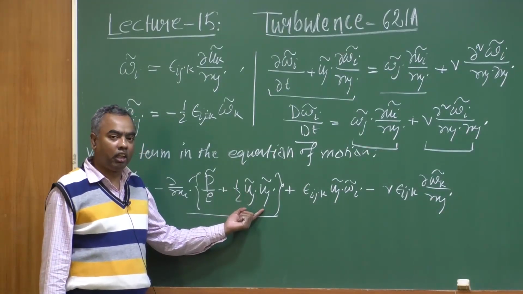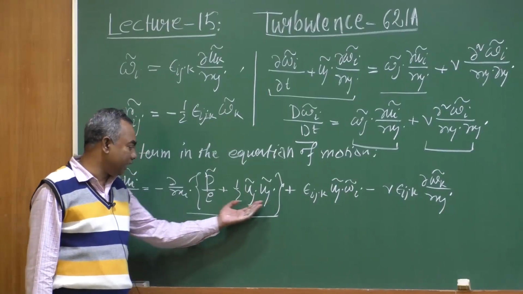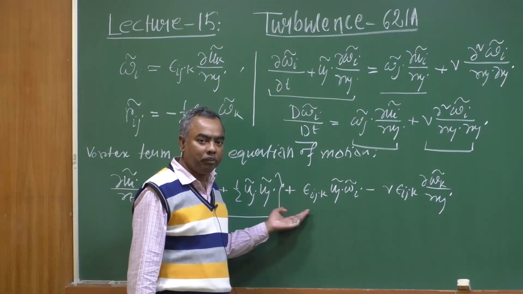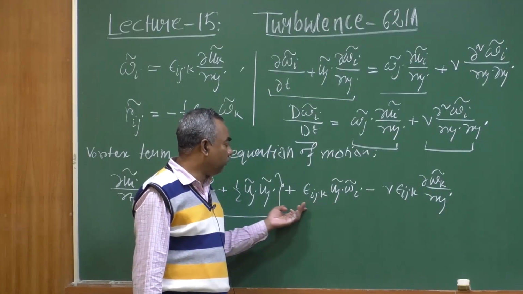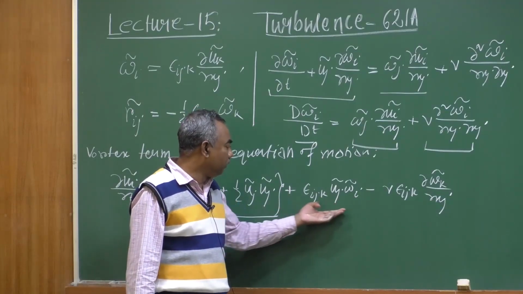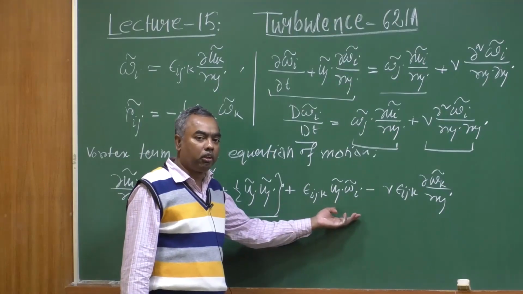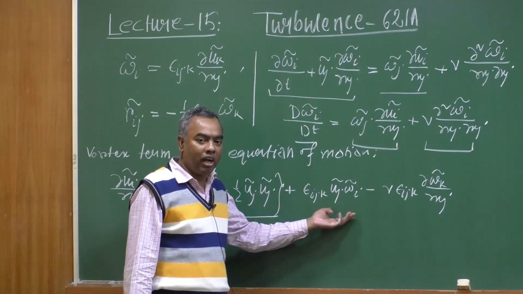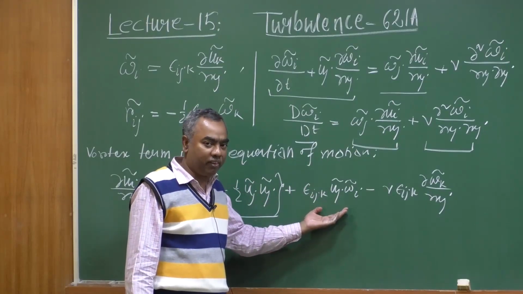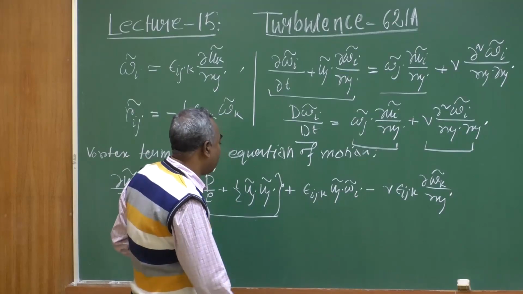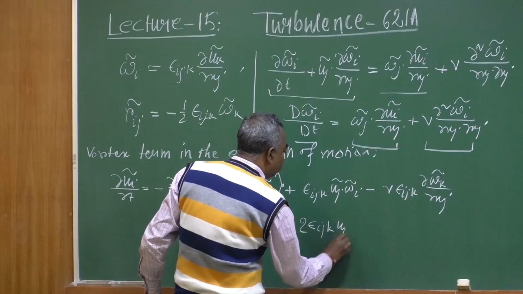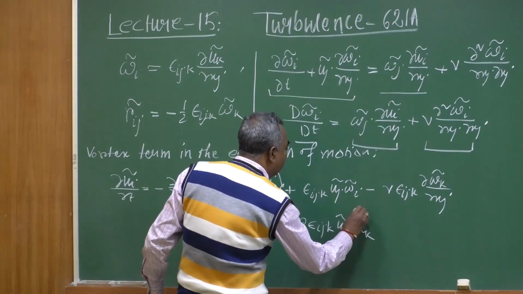So, the contribution of the inertia term in the dynamic pressure has been written in this fashion, and this particular term, as we said, is very important in turbulent flow analysis, and this term is just like the Coriolis force if we had written this equation of motion in a rotating frame of reference, right. In that case this term would have come as twice epsilon i j k u j tilde omega k tilde. Okay.